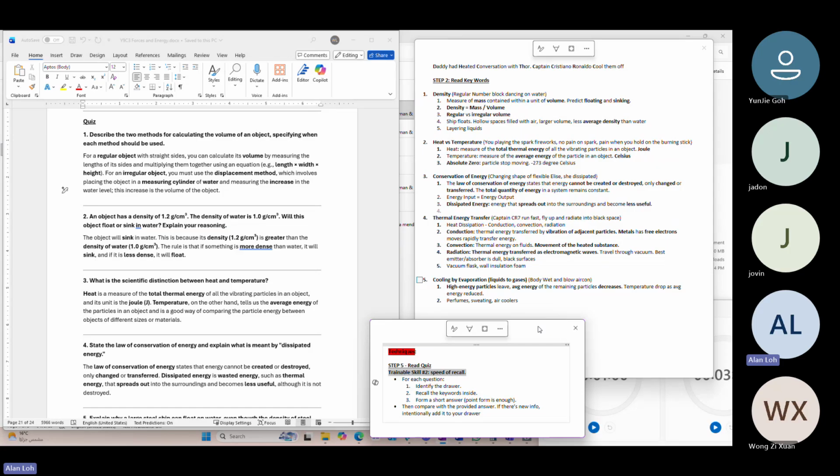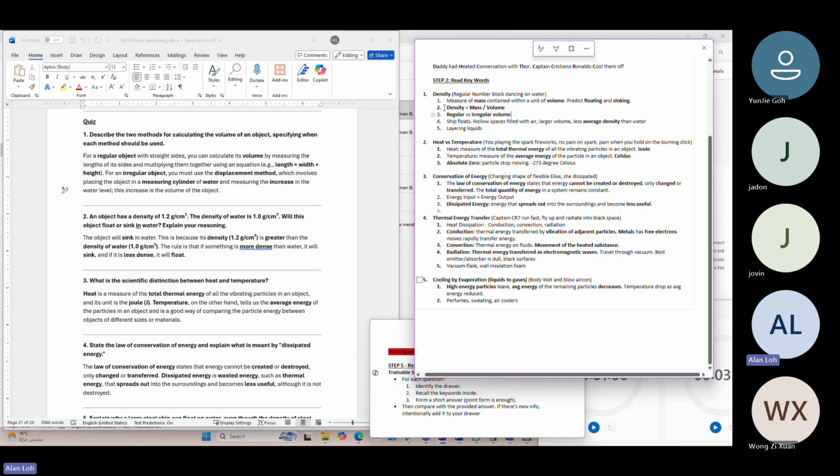There are 3 skills that an A grade student needs to build, or a B grade student needs to build to be able to become A grade. One of the skills is skill number 2, speed of recall. So I'm helping you to be able to recall the keywords and form it into an answer, and then compare it with the answer that is provided over here. Okay, I hope this is clear.